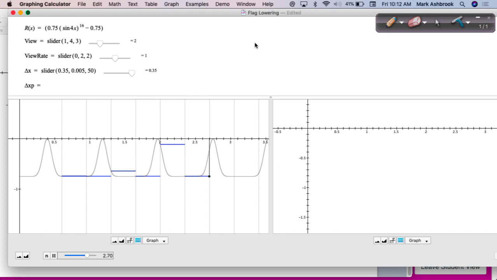There was some point in time when this flag was coming down, and as it was coming down, it was attaining all these different rates, and it was accumulating changes in height, right? So when you look at graphs, you want to think of them dynamically. They show covariation of two quantities. They're not just static like wires on the page, but they're actually showing a situation as it unfolded, okay?